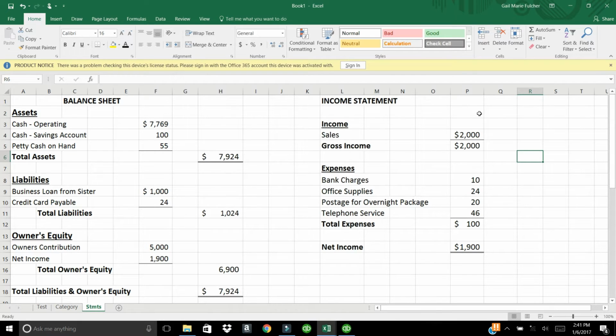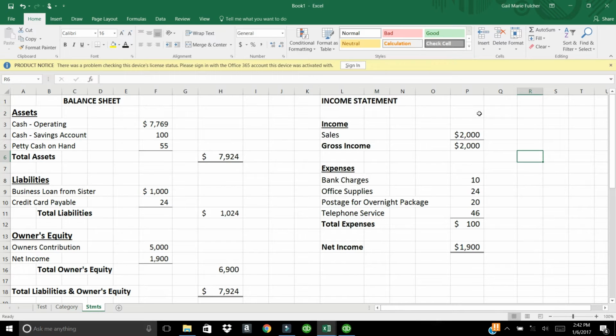That gives us total assets of $7,924. Our liabilities, we owe the sister $1,000, so that of course is a liability, it's a debt. The credit card payable, we owe the credit card company, so that goes there. That gives us total liabilities of $1,024. Our owner's equity section, the owner's contribution amount was $5,000, net income is $1,900 for a total owner's equity of $6,900.